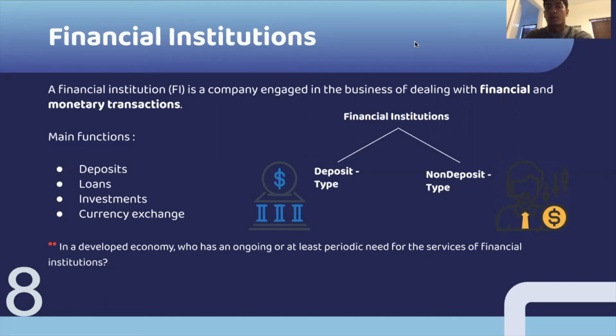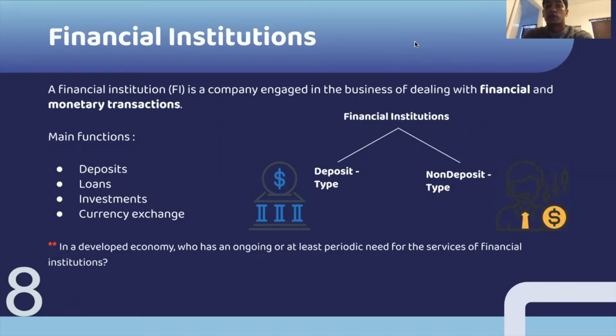All right, so we are going to talk about financial institutions. A financial institution is basically any company or institution that facilitates financial and monetary transactions. Most of the time, they act as intermediaries between two parties, and they facilitate these transactions.